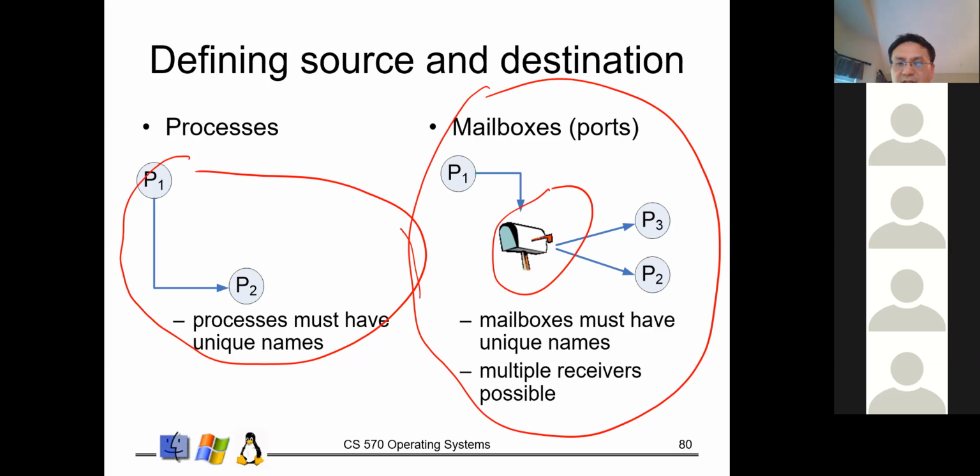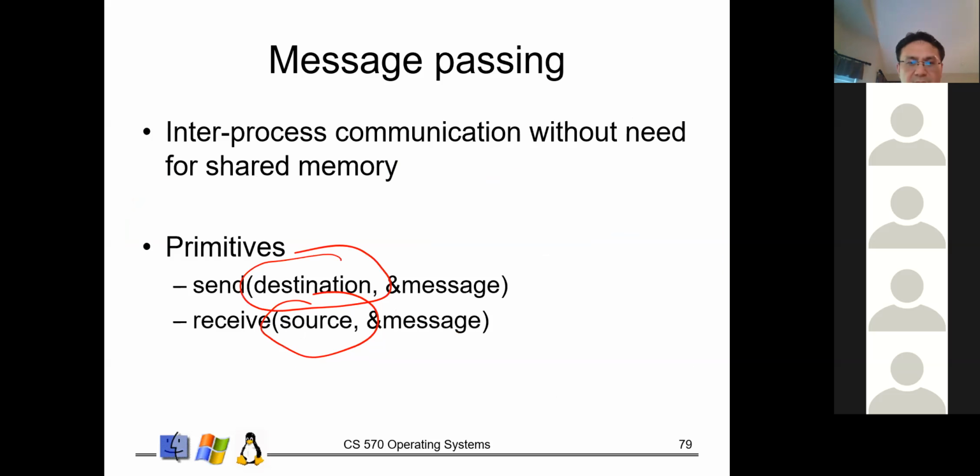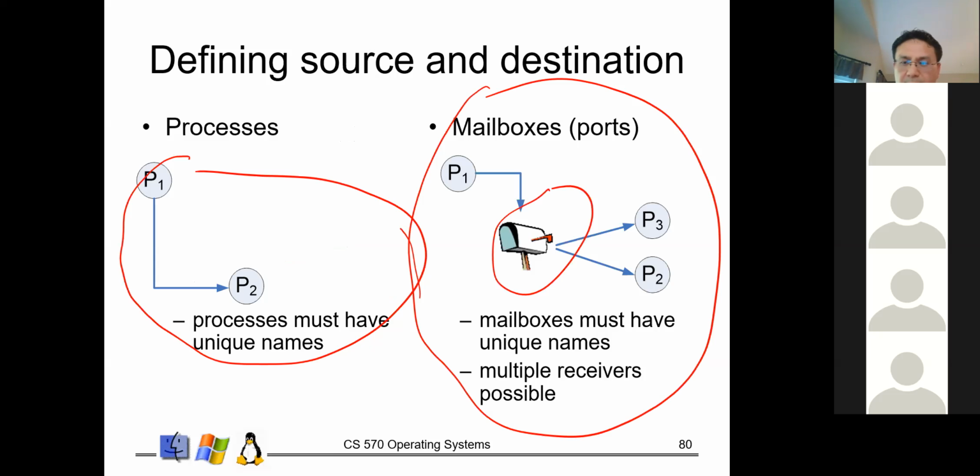When I talk about the address parameters, I'm talking about this destination and source. So the address parameters in the send and receive calls are mailboxes, not processes. Note that with indirect communication, it is possible to have multiple readers or writers to the same mailbox. You can have multiple ones here.